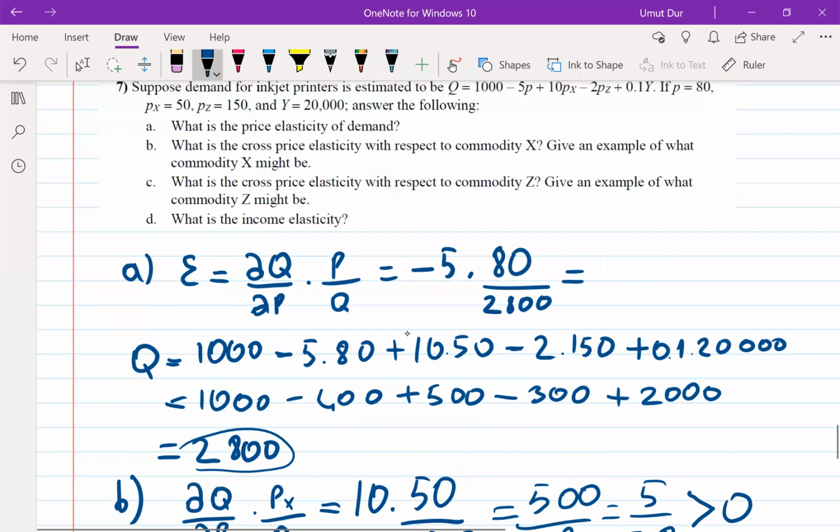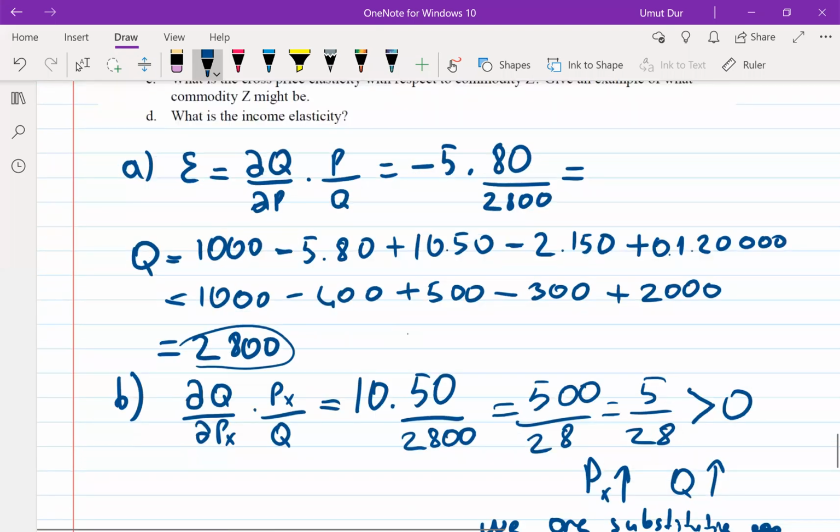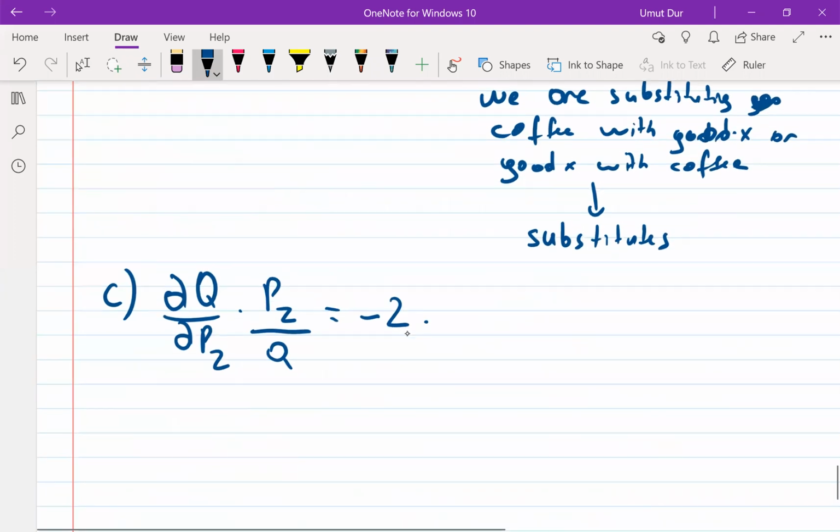It is minus 2, times the price of Z, which is 150, and we found the quantity as 2,800.